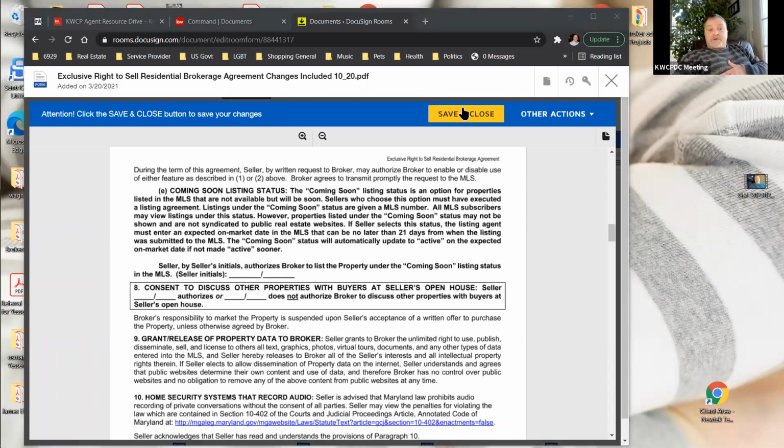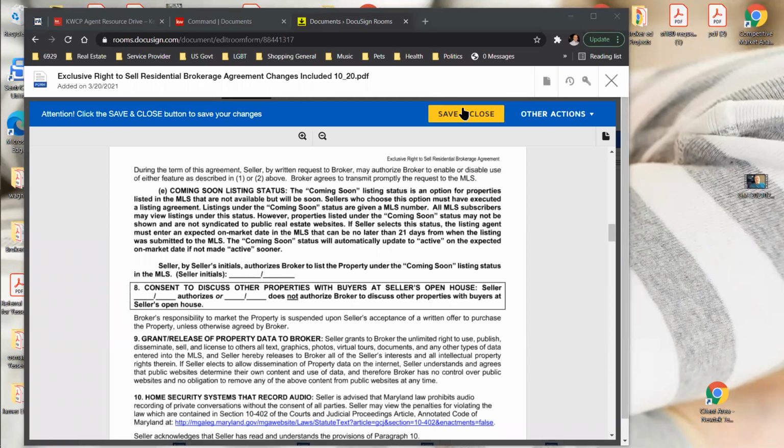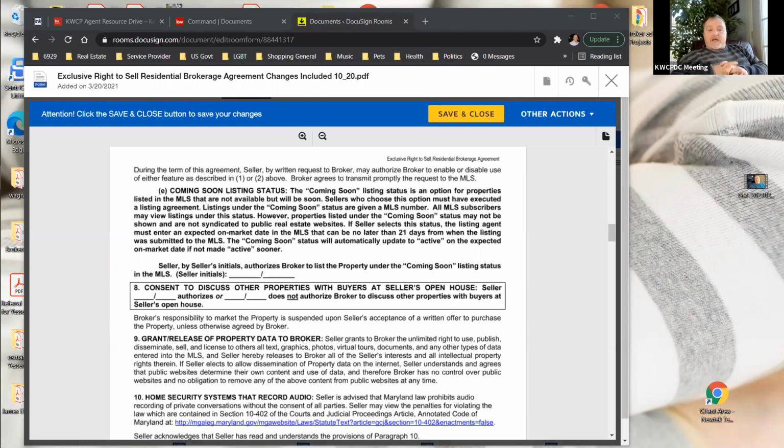Okay, so if you have a property that hasn't hit the market yet, the coming soon status hasn't been put on MLS, but people just walk up to the homeowner and say, I want to submit an offer. How are the people knowing that the property is going to be available soon?